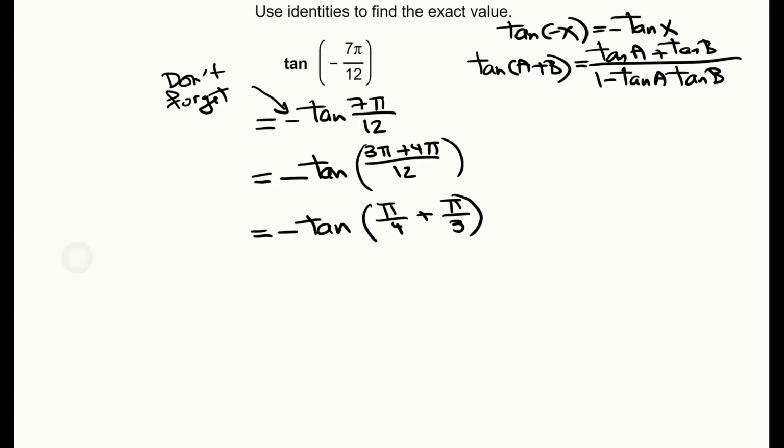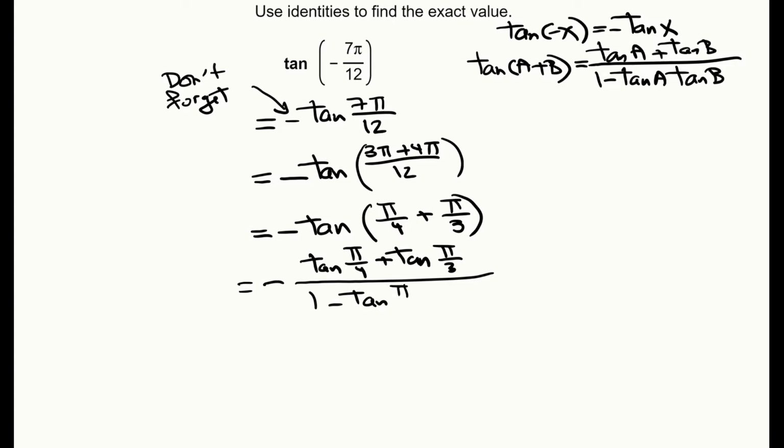So applying that formula and making sure we don't drop the negative, we end up with tangent of the first angle, which is pi over 4, plus tangent of the second angle, which is pi over 3, over 1 minus tangent of the first angle, pi over 4, times the tangent of the second angle, pi over 3.